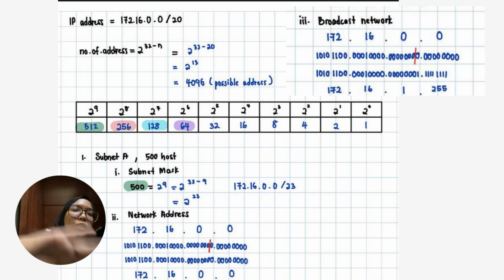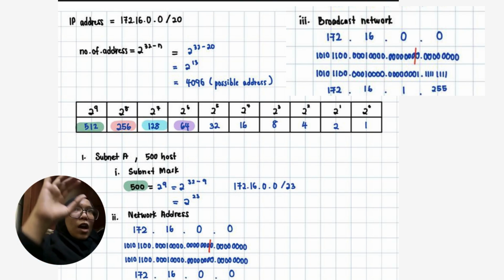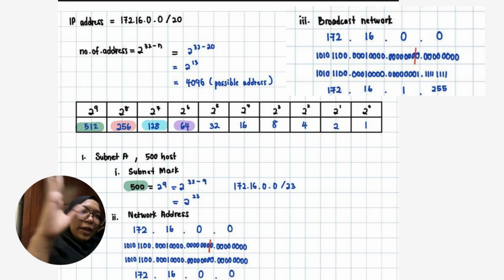But here there is no change, so the network address is 172.16.0.0. For the broadcast address, unlike the network address, we keep the first 23 bits the same but change the remaining bits to 1. So here we change the last 9 bits to 1, being 1 0.